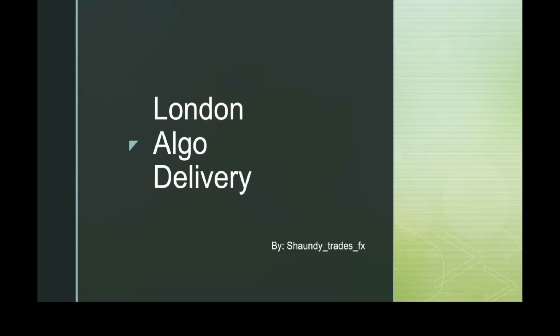So we understand that a large Asian range can lead to a quiet London, or it can lead to an explosive London, and then maybe a New York continuation, or a choppy, quiet New York session. So it all depends on how Asia delivers. London algorithmic delivery depends on how Asia delivers. So we know that, and you can apply that to your trading if you want.